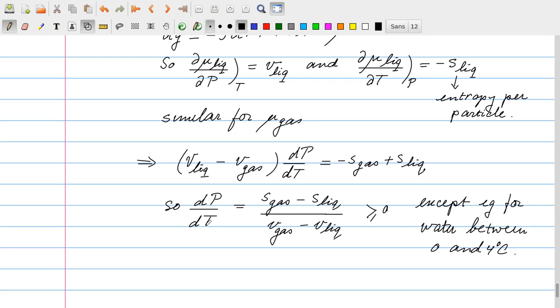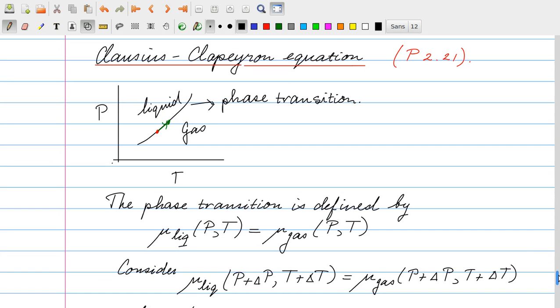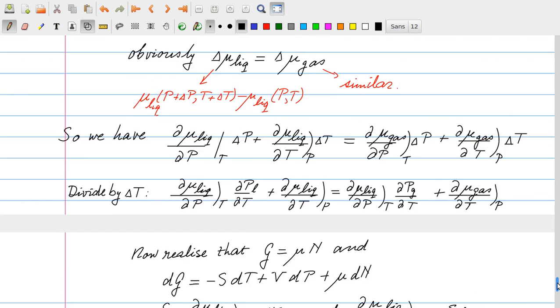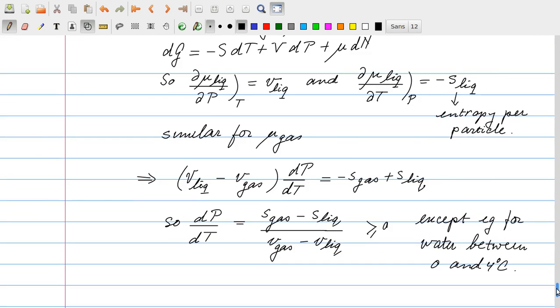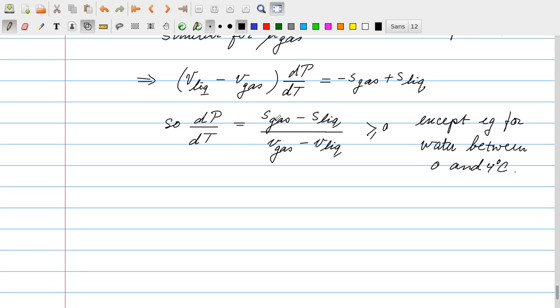That's the slope of this phase transition line. So that's the slope of the black line in this diagram at any point is given by the difference in entropy, and I have to divide that by V gas minus V liquid.